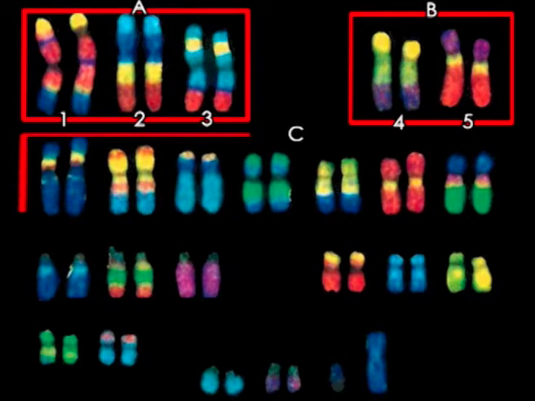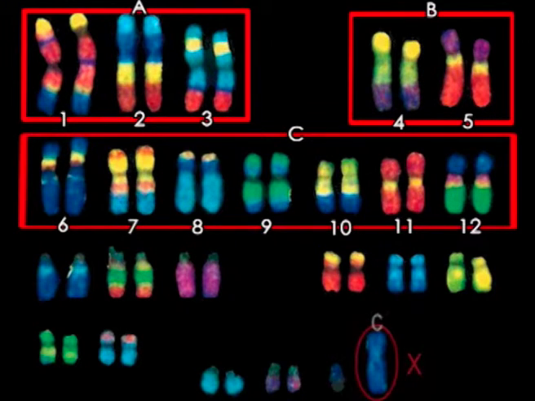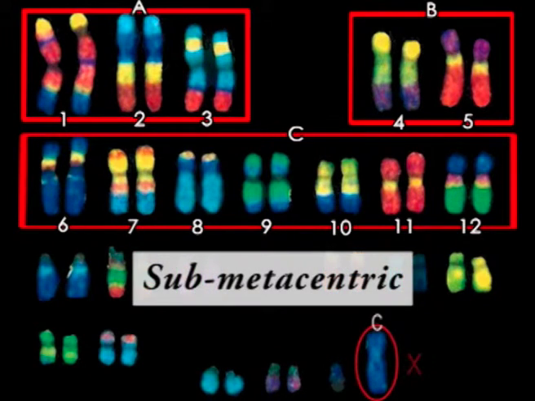And in the third group, that is group C, the chromosome number 6, 7, 8, 9, 10, 11 and 12, that is from chromosome number 6 to 12, along with X chromosome, are kept in this group. Structurally, they are submetacentric and of medium size.